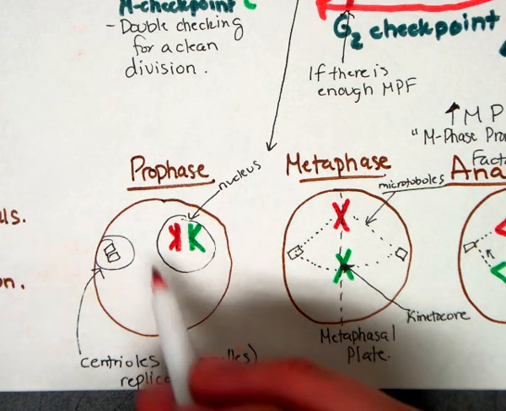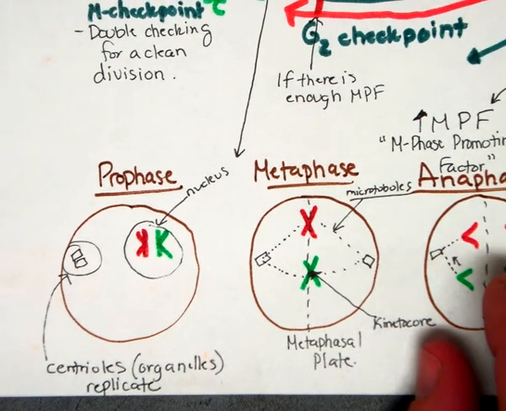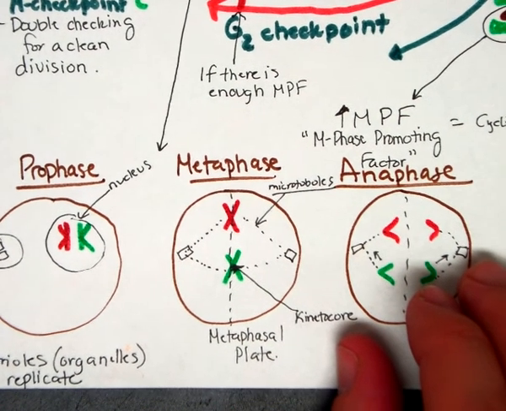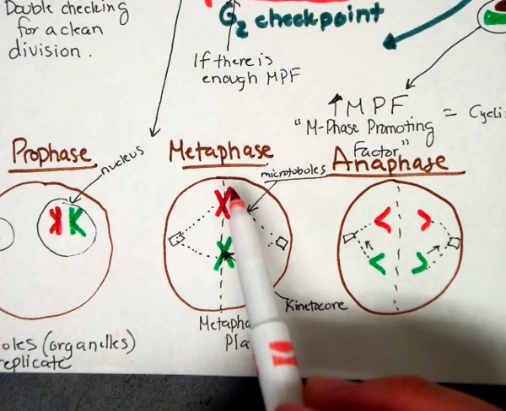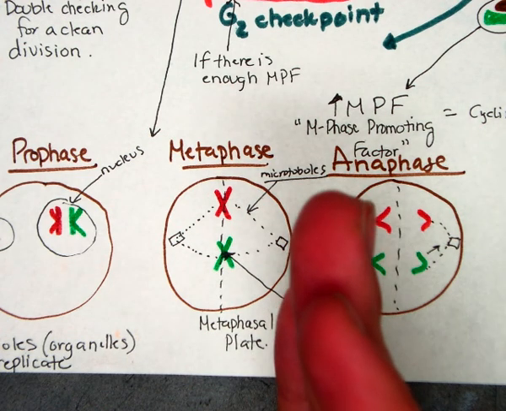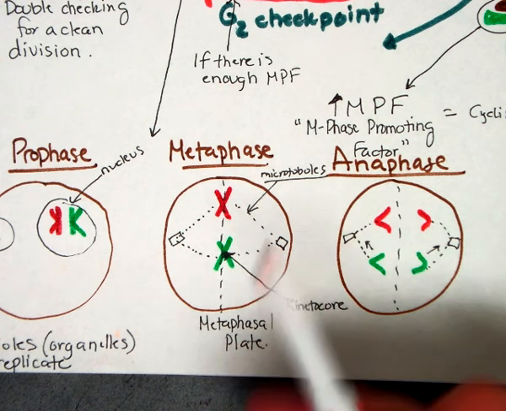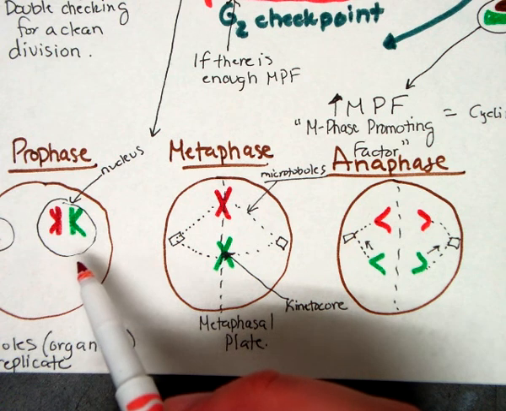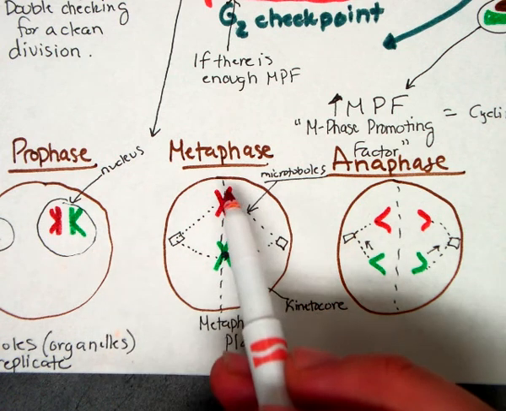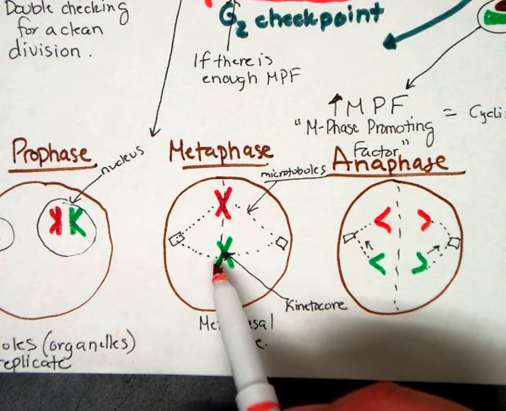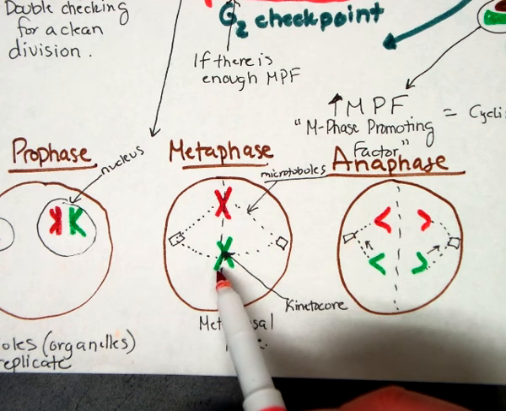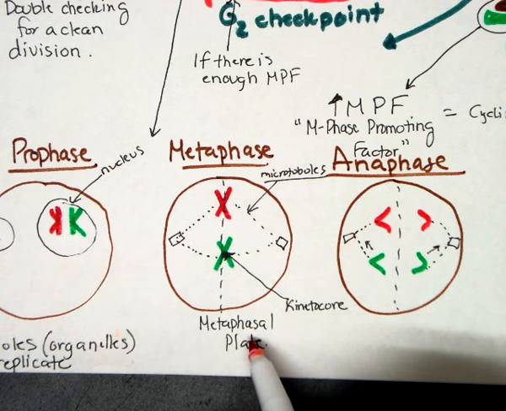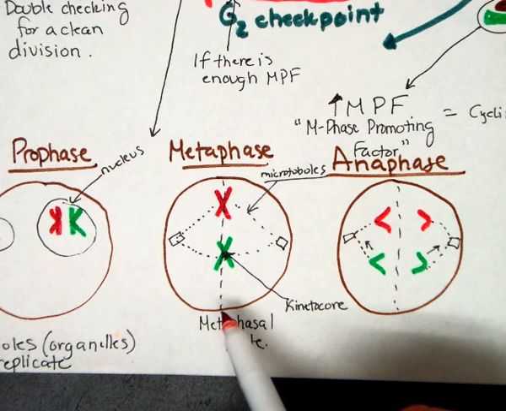And so after we go through prophase, we enter metaphase. And in metaphase, the characteristic of metaphase is that the nucleus, you can see, has dissolved, and the homologous chromosomes line up along the metaphasal plate in preparation for division.